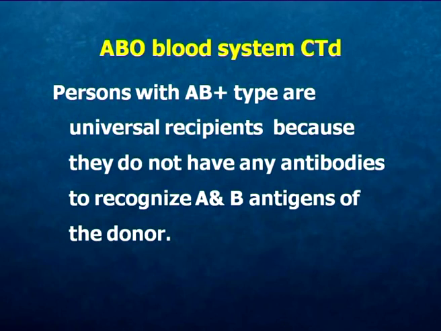So, when there are no antigens to be identified by the antibodies and interact with them, it is miscible, compatible with all the remaining 3 types of blood groups besides O. Persons with AB type are universal recipients because they do not have any antibodies to recognize A and B antigens of the donor.